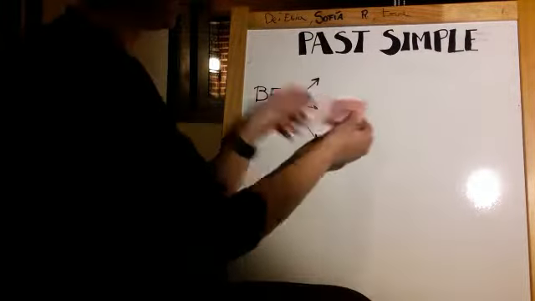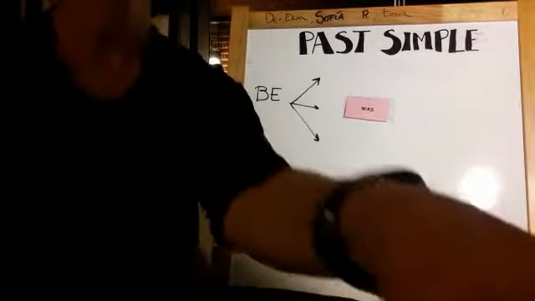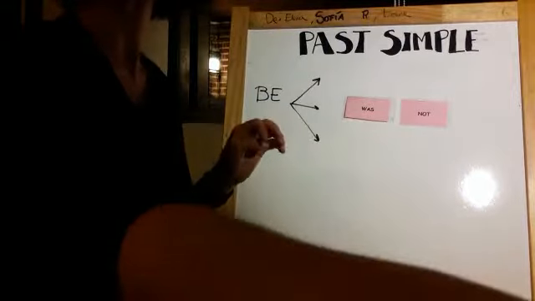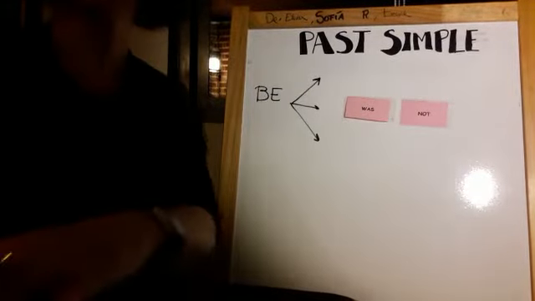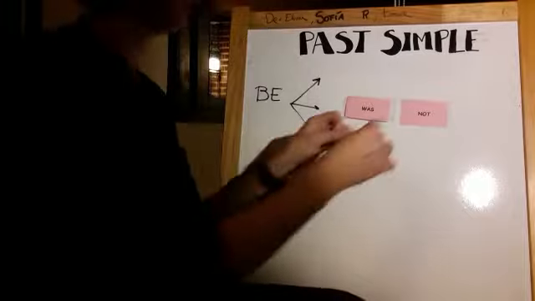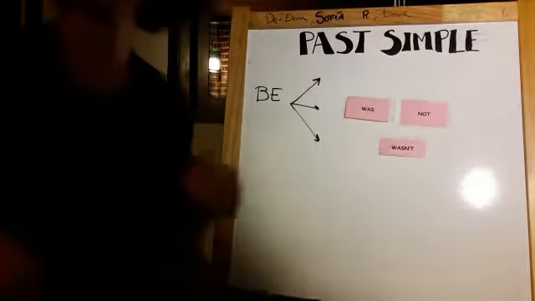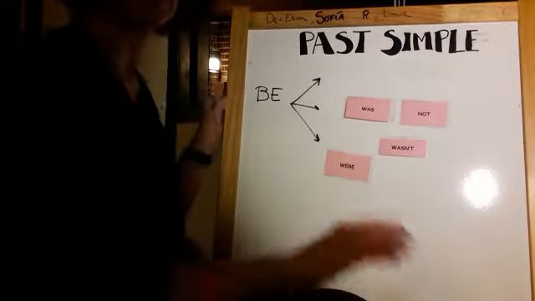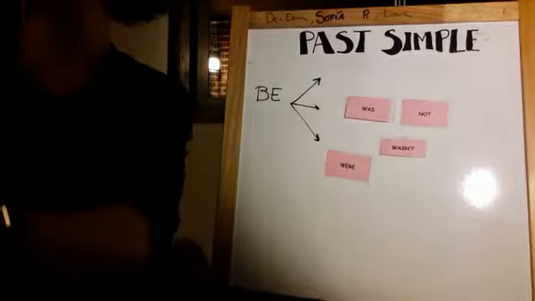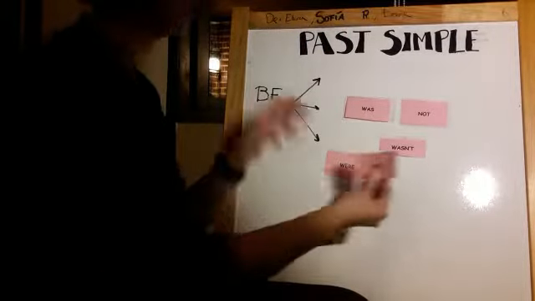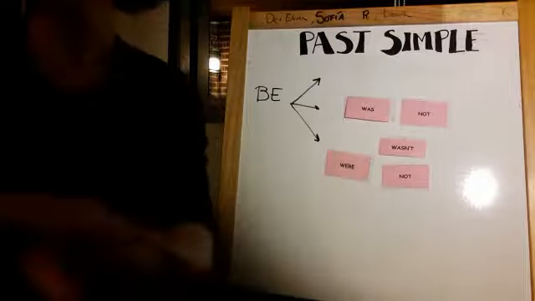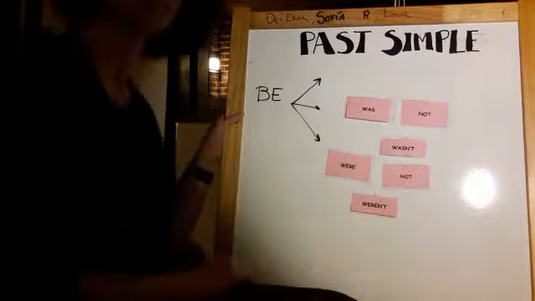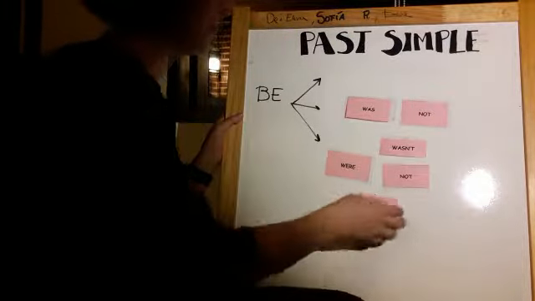So we can get was plus not equals wasn't, and were plus not equals weren't. Considering all this, we can form some other sentences.